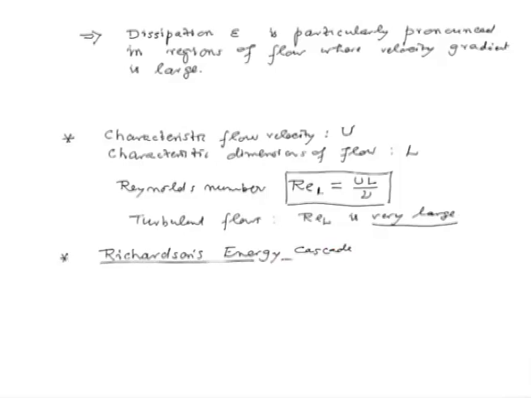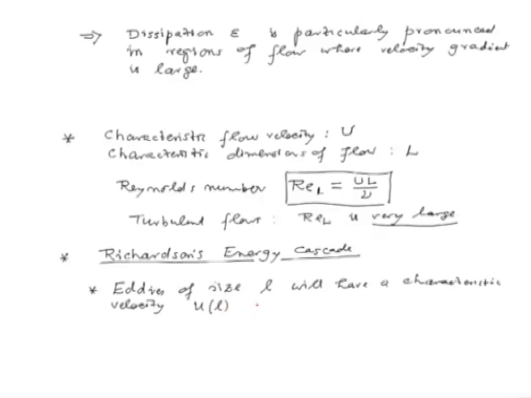So, what happens in this energy cascade? Richardson talks about eddies, which are vertical features in the flow. An eddy would be identified by its length scale, let us call it L, and will have a characteristic velocity, identified as U of L. We know the length scale, we know the velocity.